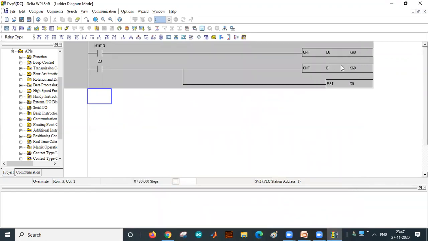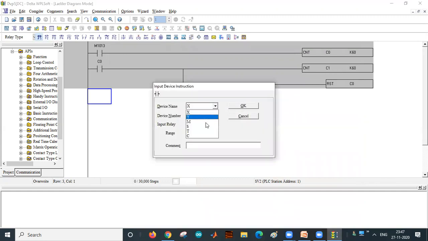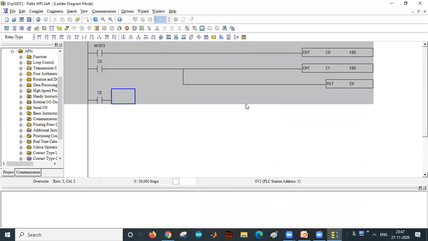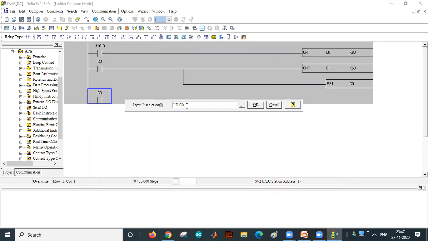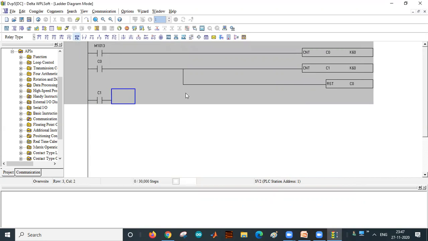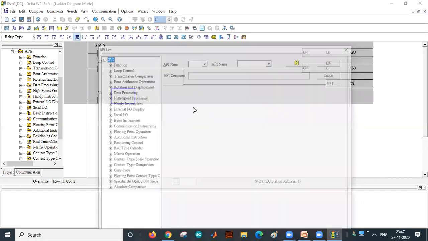Then after C1 has reached 60, our counter has to increase its value by 1. So whenever C1 is on, it has to switch on the counter C2.